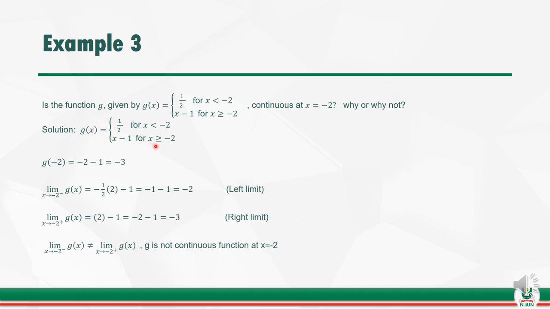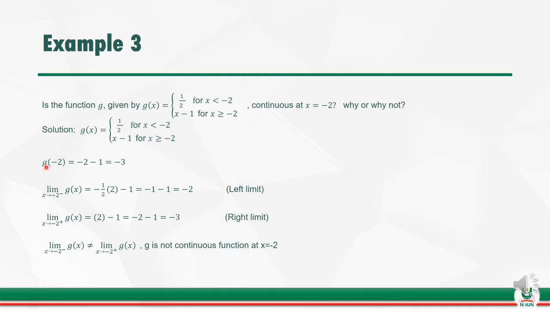Don't forget the statement here has x less than or equal to minus 2. We consider this first because this is where we have to find g of x. This is where we work.